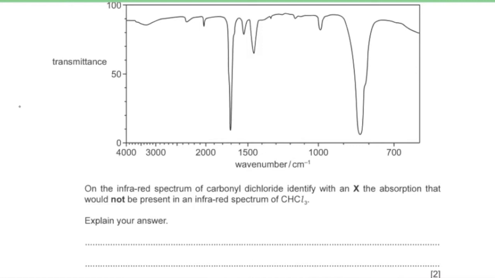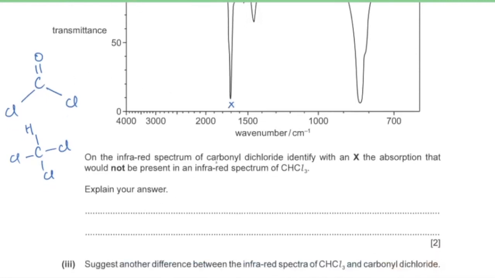So carbonyl dichloride is C double bonded to O and single bonded to Cl, while CHCl3 is CH and then Cl on 3 sides. This is the absorption we will be talking about. This absorption will not be present in the infrared spectrum of CHCl3 because this strong peak is due to the C=O double bond, which is not present in CHCl3.